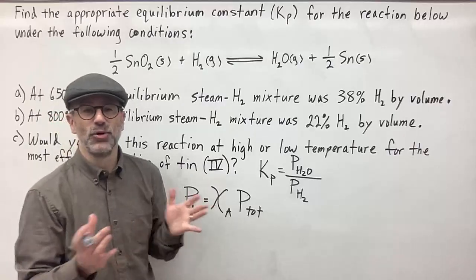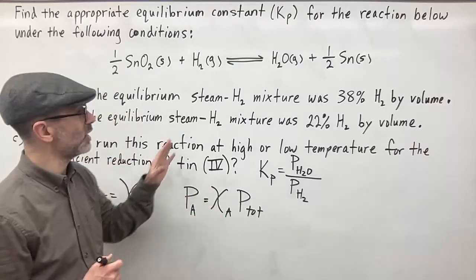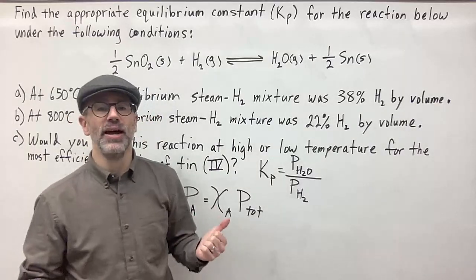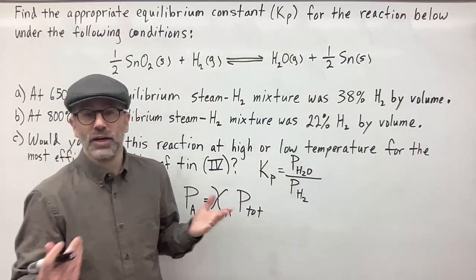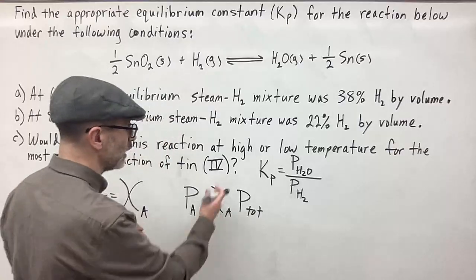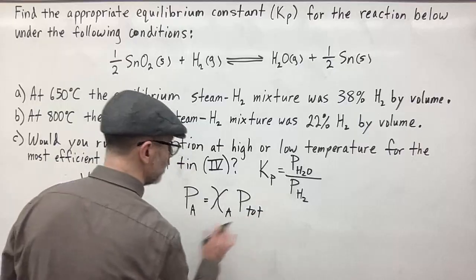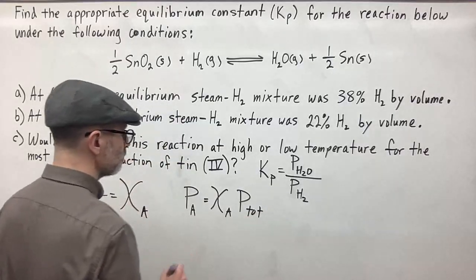I can assume any total pressure I want because the percentage is always going to be the same. So why not make our lives easier and just assume 1 atmosphere of the total pressure?